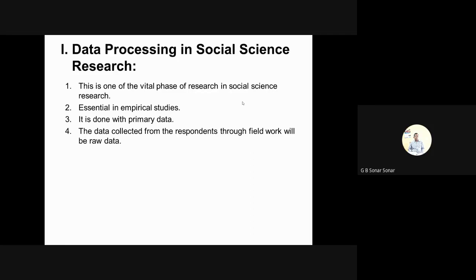So any data collected from the field which is not processed is called raw data. When we use raw data with certain errors and omissions, such data cannot be used as it is because raw data will affect the quality of the data. Let me give an example.